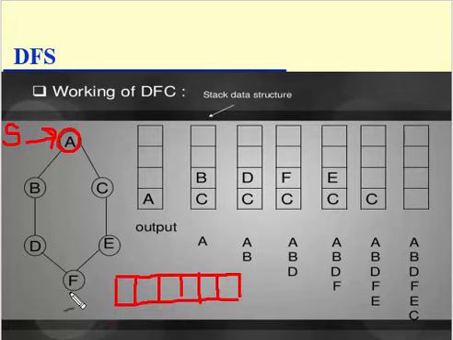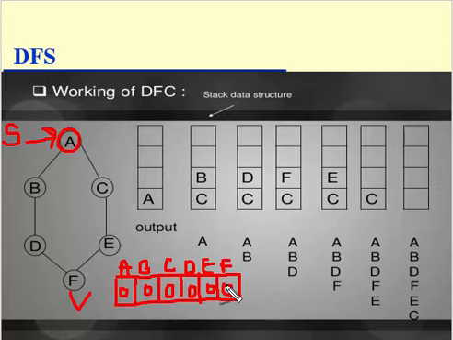Suppose this is your visited array, and these are the visited array elements for A, B, C, D, E, and F. First of all, the visited of all the nodes is 0, so I'm writing 0.